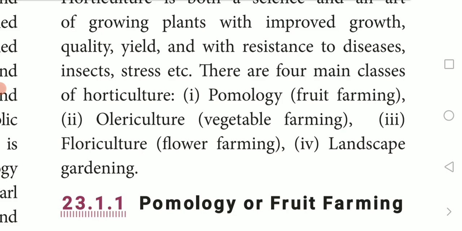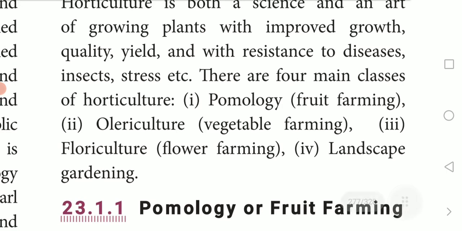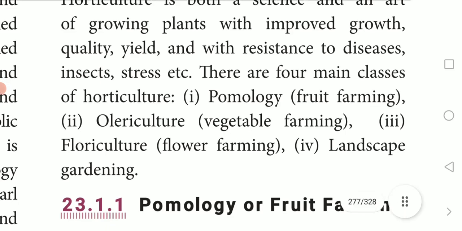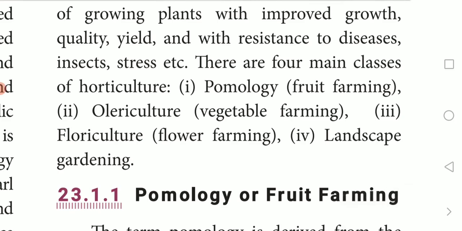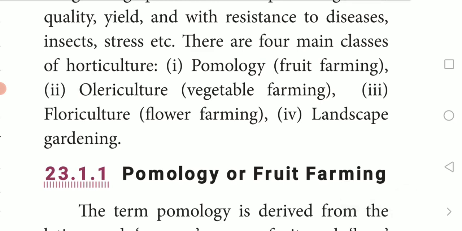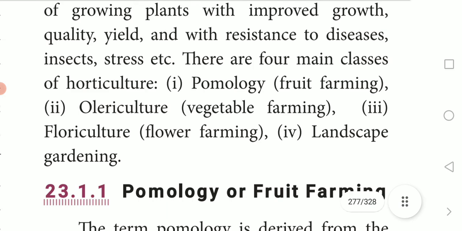It is a type of agriculture, cultivating fruits, vegetables, and ornamental plants. Horticulture has four main classes: pomology, which means fruit farming, olericulture, which means vegetable farming, floriculture, which means flower farming, and landscape gardening. So these are the four main classes of horticulture.